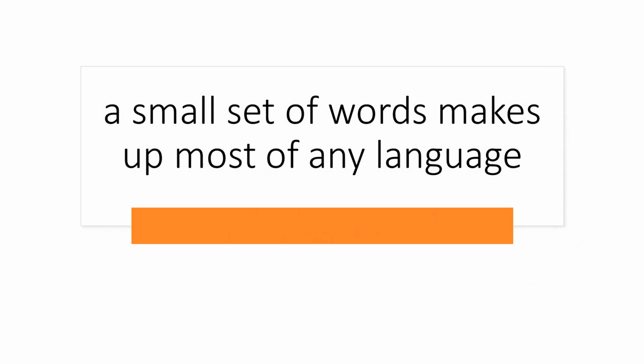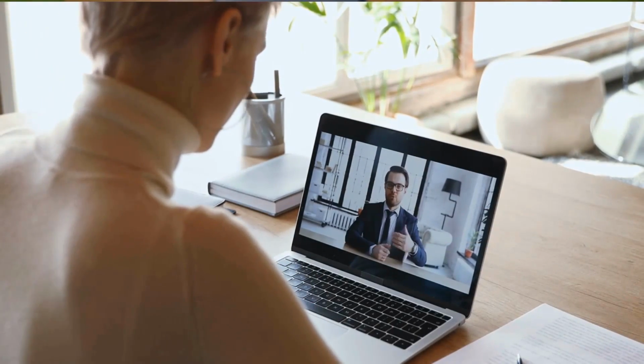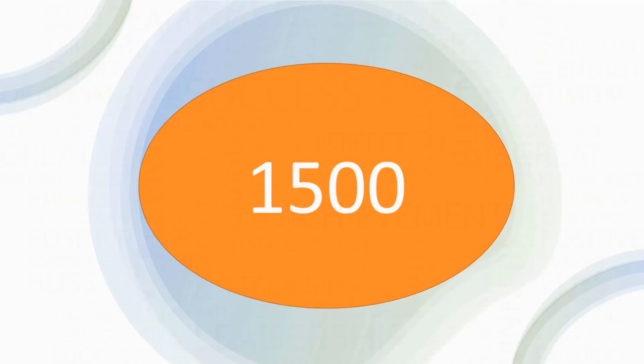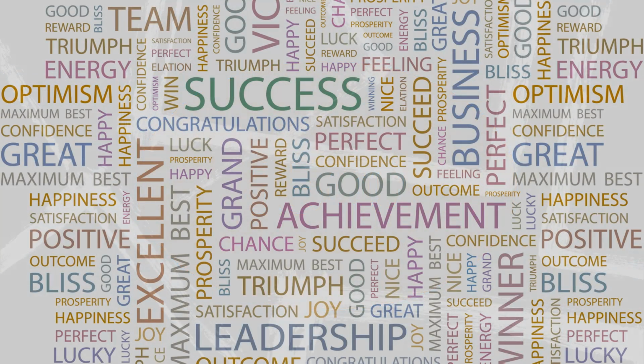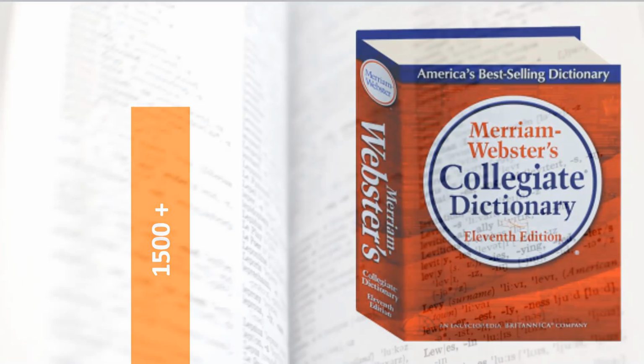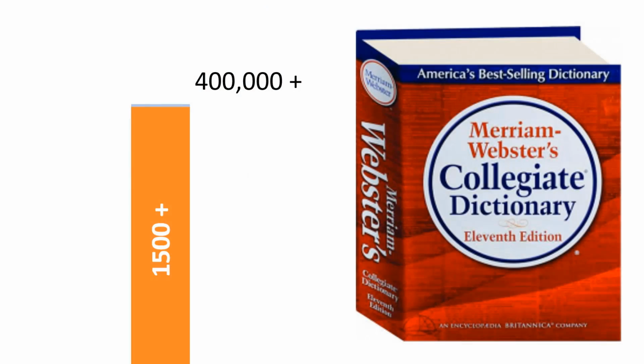This law says that a small set of words make up most of any language. English is no different. This course will help you practice over 1,500 words and phrases. These are high-frequency words that people use in almost 90% of their daily conversations. The rest, hundreds of thousands of words in Webster's dictionary, well, we use less than 10% of the time.